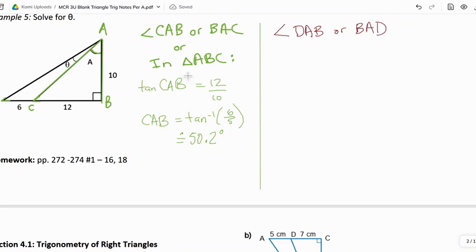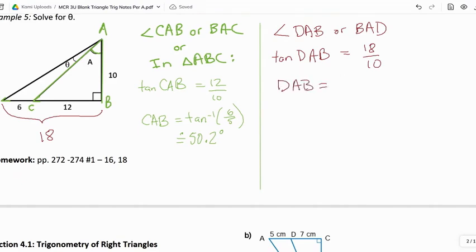Once again, it's tangent. And I know that because I have no information for hypotenuse. So tangent of angle DAB is going to be, now I need to add the two sides, right? That's going to be 18 over 10.